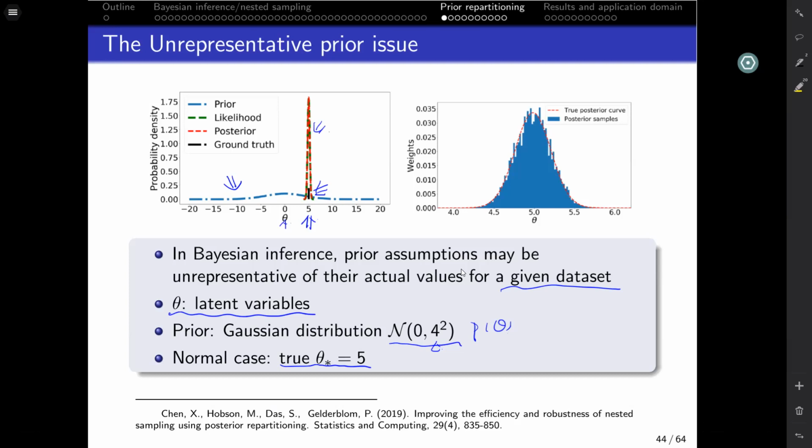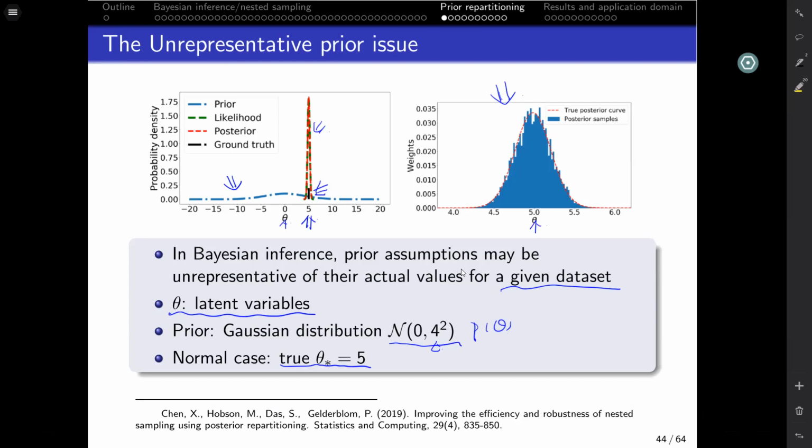Any of the sampling algorithms, rejection sampling, nested sampling, or MCMC, would be able to give a perfect estimate. And this is the perfect estimate using a lot of samples.